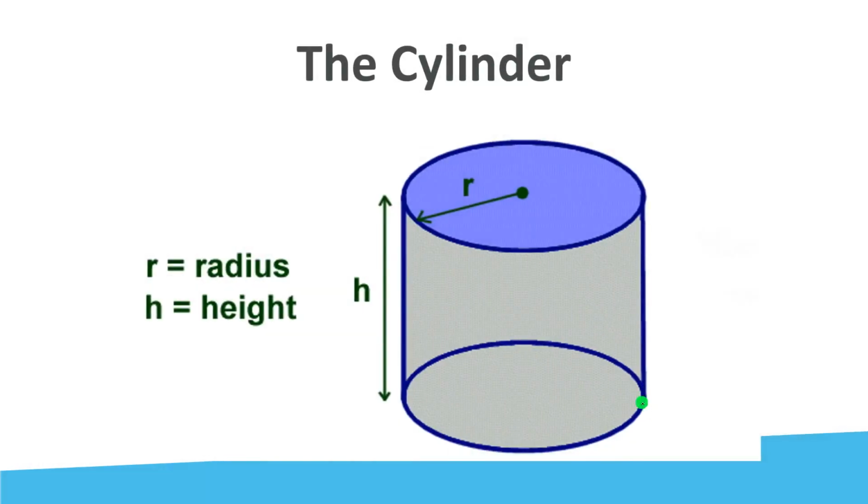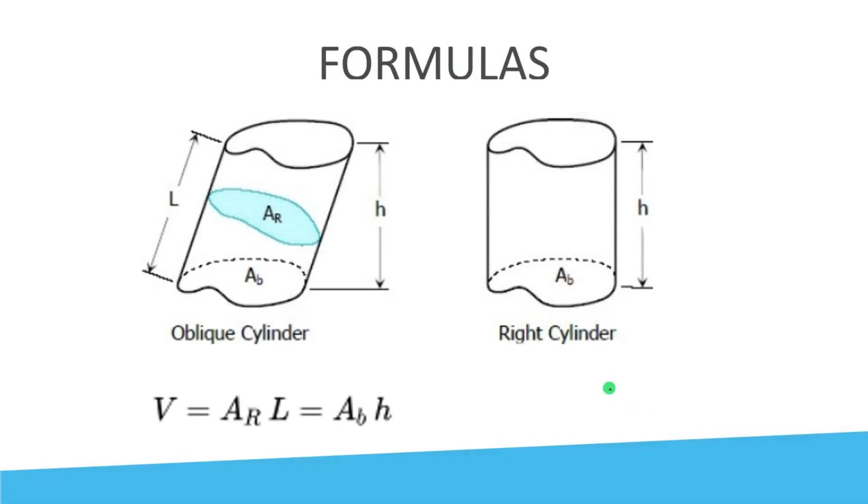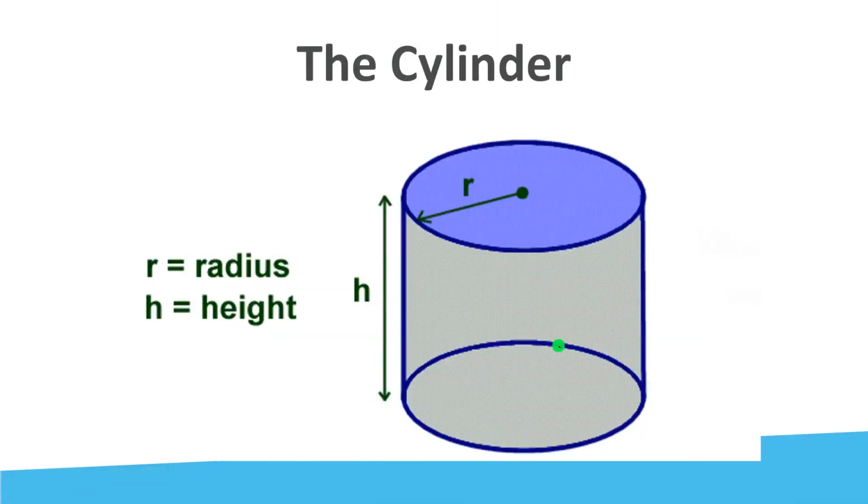the cylinder. It's also part of the solids, whose volume is equal to the area of the base times the altitude. So still here in cylinders, that formula is applicable, which is the area of the base multiplied by the height. The only difference in cylinder is the base.